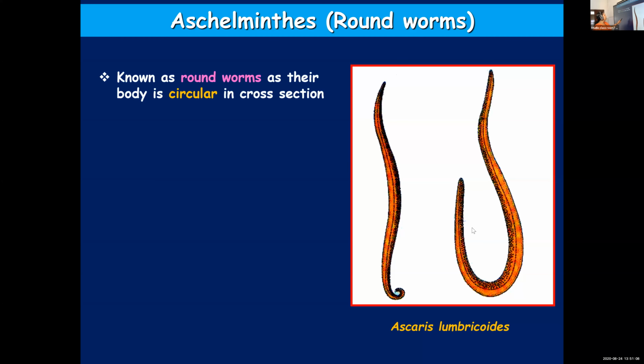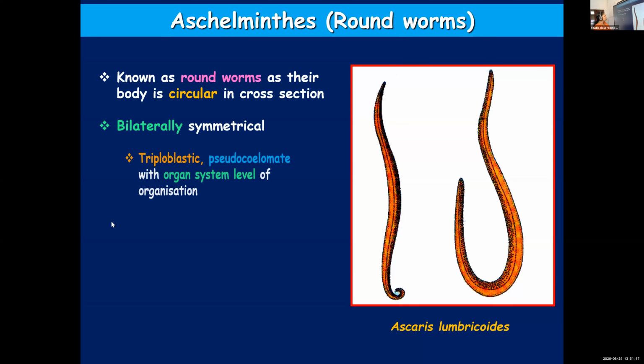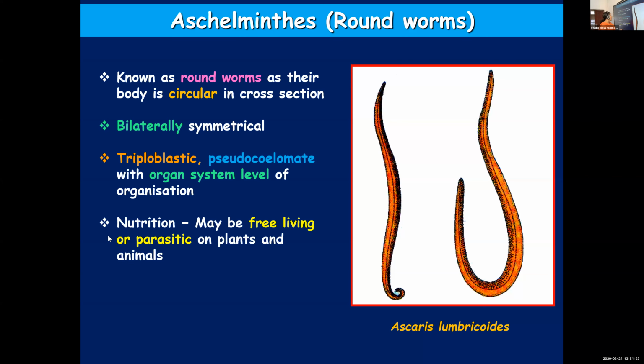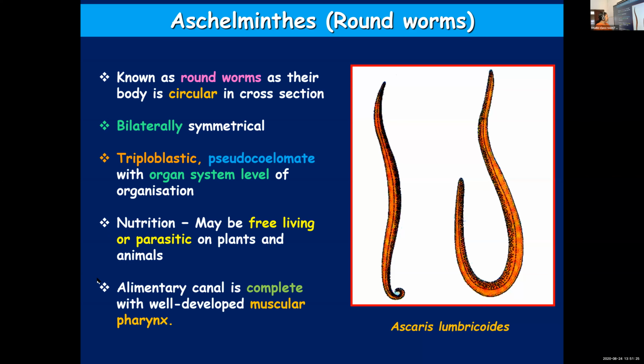So the points we already mentioned: known as roundworms because the body is circular in cross section. Bilateral symmetry is found. They are triploblastic, pseudocoelomate with organ system level of organization, and they can be free living or parasitic. Complete alimentary canal or complete digestive system means the same thing: two openings. When it is incomplete, there is only one opening which serves as both mouth and anus.